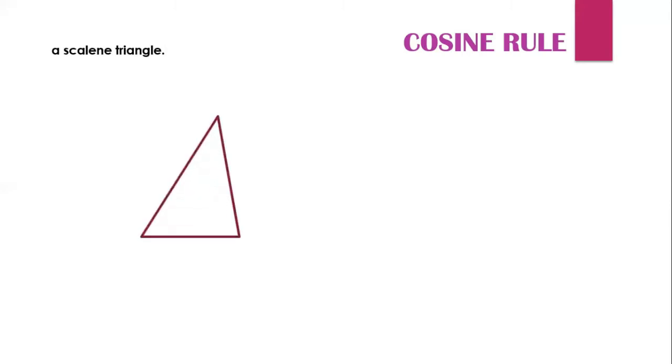Okay, students, the next formula that you have to understand to solve bearing is the cosine rule. You can see on the screen a scalene triangle.